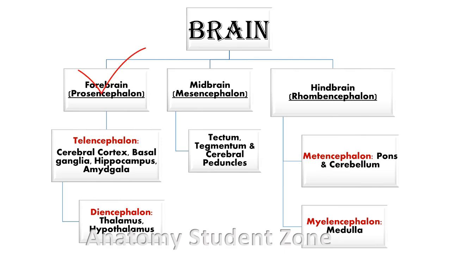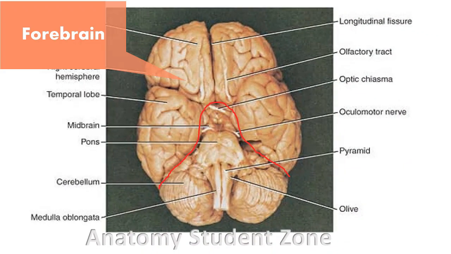Now I will briefly describe each of these primary vesicles, which form the forebrain, midbrain and hindbrain. If I talk about the forebrain, which we have covered, it is also known as prosencephalon. This is the part of the brain towards the head end of the body, and as you can see in this image, it is the part of the brain anterior and lateral to this red line.